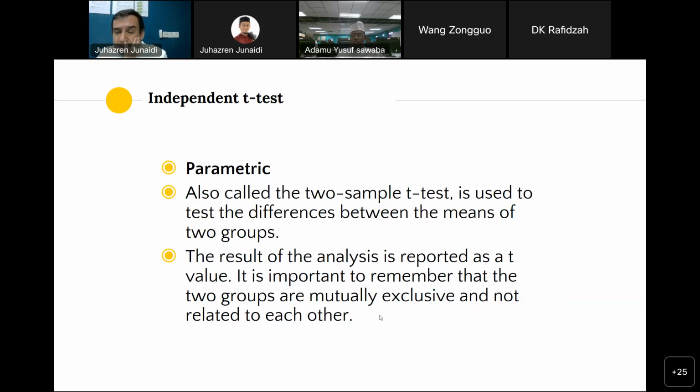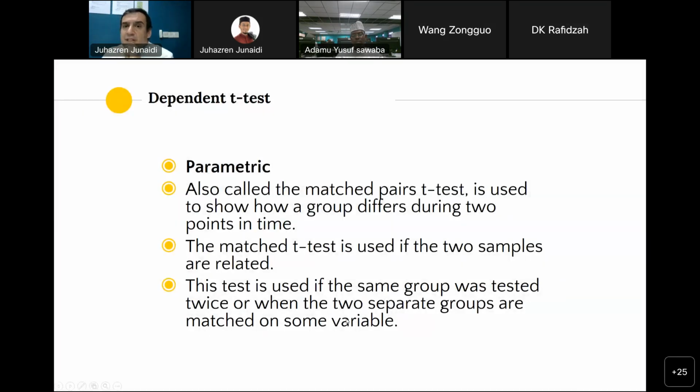So the result of the analysis is reported as a t-value, and it is important to remember that the two groups are mutually exclusive and not related to each other. The dependent t-test, also called the matched pairs t-test, is used to show how a group differs between two points in time.